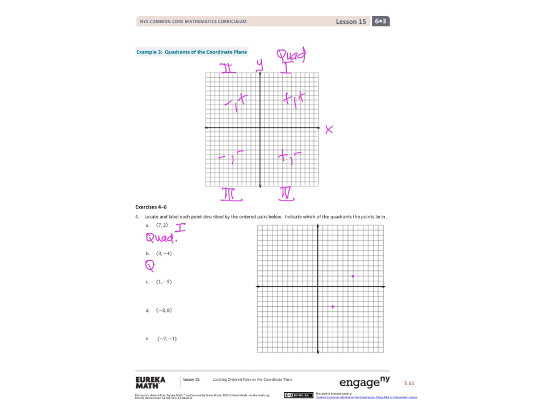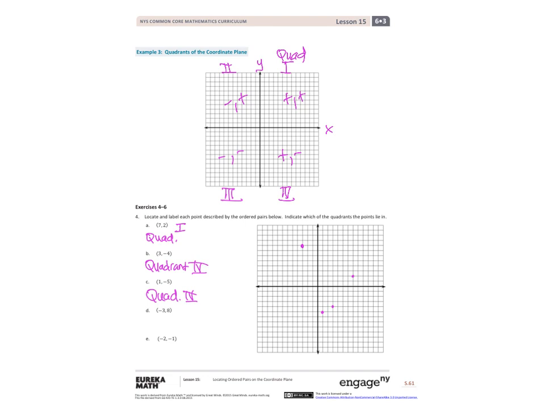So that is in quadrant 4. 1, negative 1, 2, 3, 4, 5, and that is quadrant 4 as well. Okay, then what about negative 3, 1, 2, 3, and I'm going to go up 1, 2, 3, 4, 5, 8, if I counted that right.